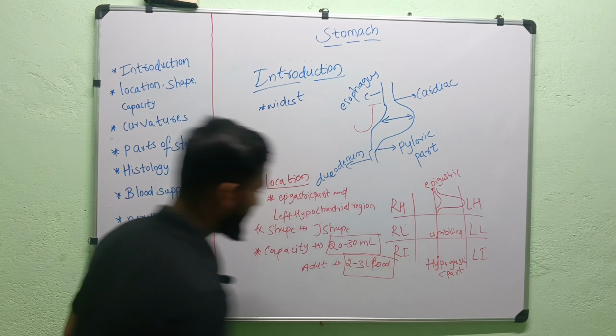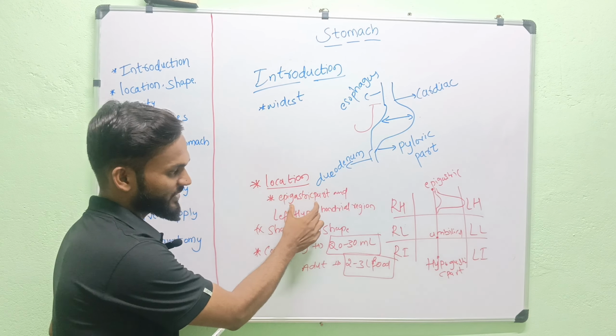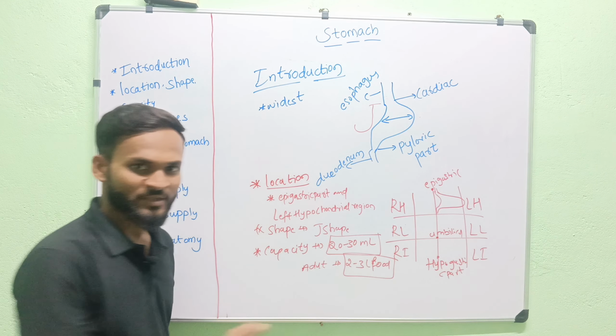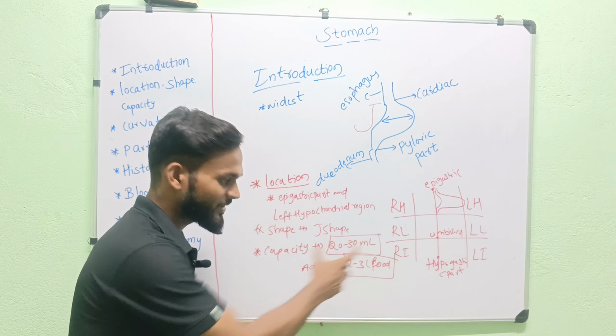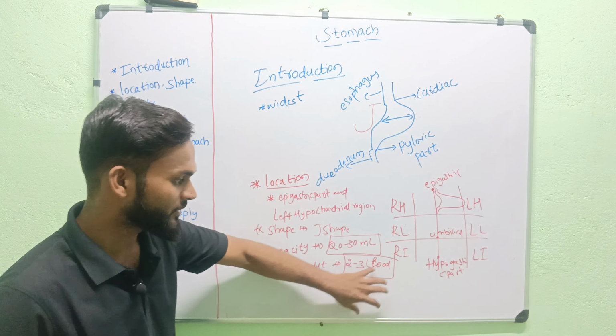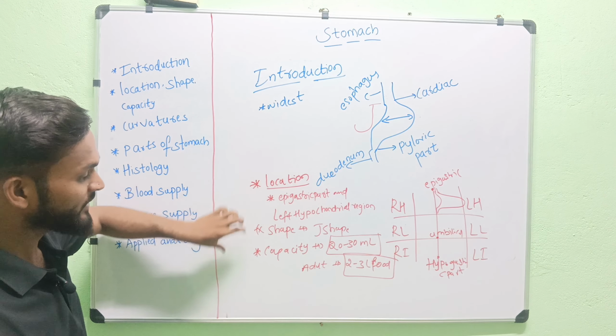To summarize, location is the epigastric part and left hypochondrial region, the shape is J shape, and the capacity is 20 to 30 ml in a newborn and 2 to 3 liters in an adult. That is all about the introduction, location, shape and capacity.